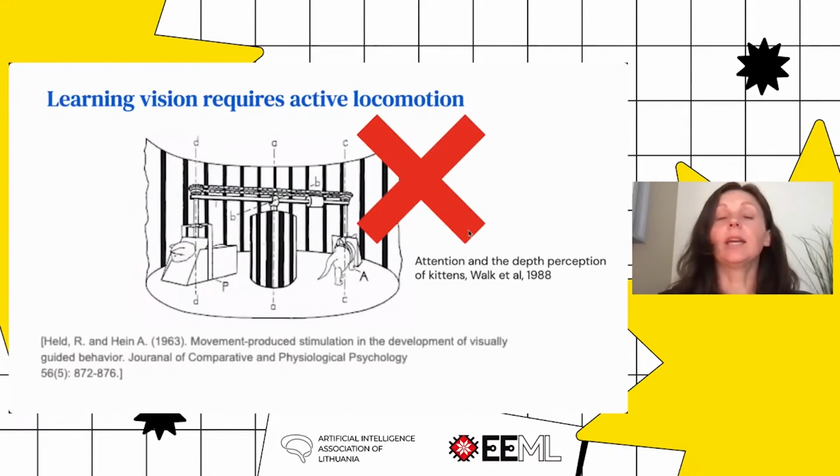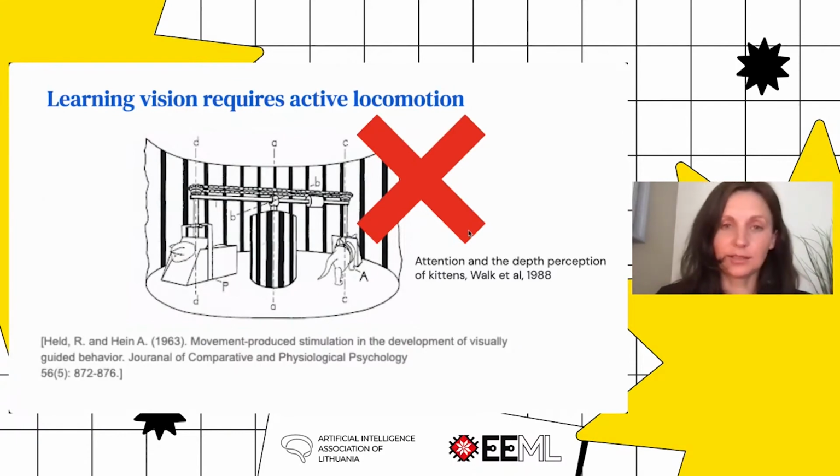Just to say, when I say intervention and active learning, I'm not really referring to this paper that is very often cited. This was a study back in the 60s when some authors did an experiment on kittens, and they concluded that if kittens are not able to see their limbs moving, they don't learn vision well.